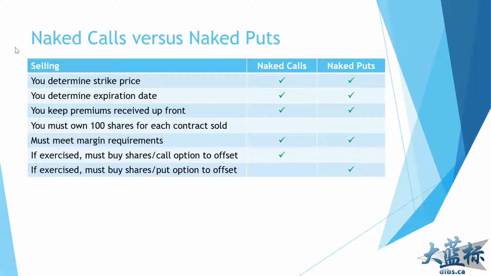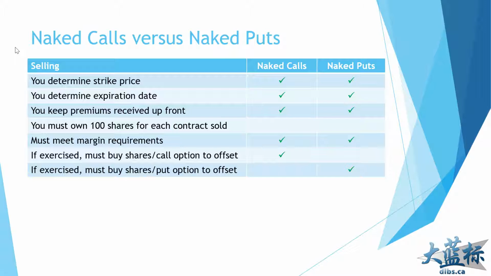And once exercised, in the case of the naked call, you sold the right to somebody else to buy certain shares at the strike price and expiration date you determined. So you would have an obligation. If you did not own those shares in the covered call scenario, you would need to have cash flow to go out and buy the shares on the open market at the higher price to meet your strike price obligation.